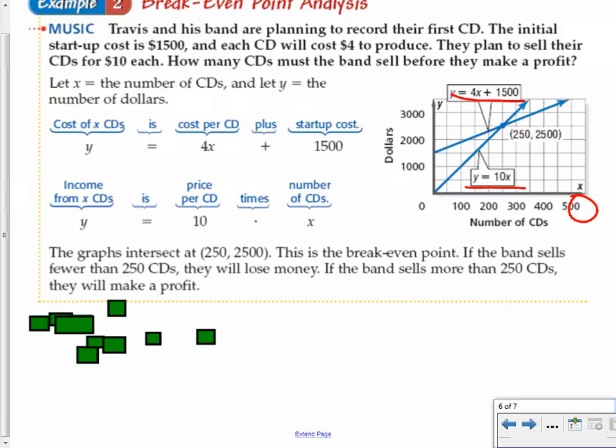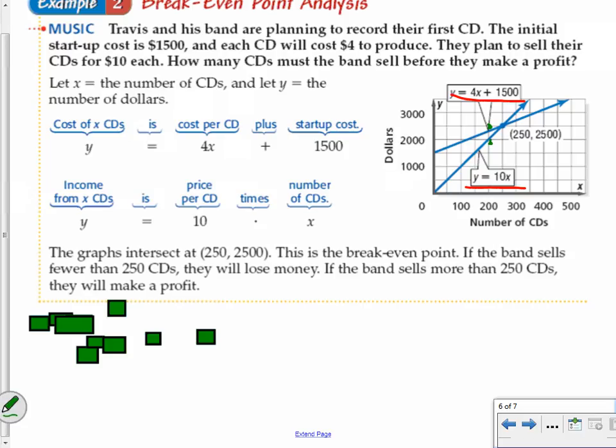What that's telling Travis and his band is that right at the time they sell 250 CDs, they've spent as much money as they've made. So they have no profit there. If they sell only like 200 CDs, that would be here and here.